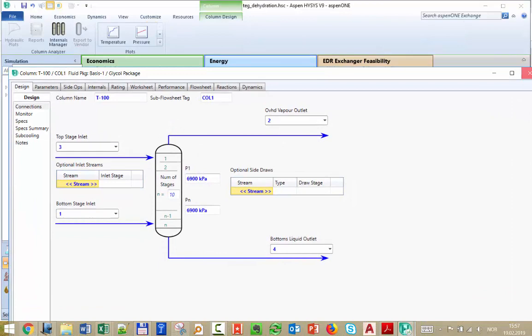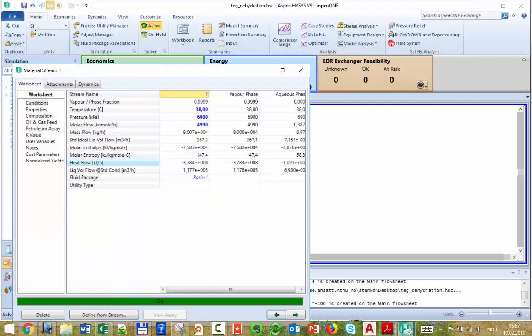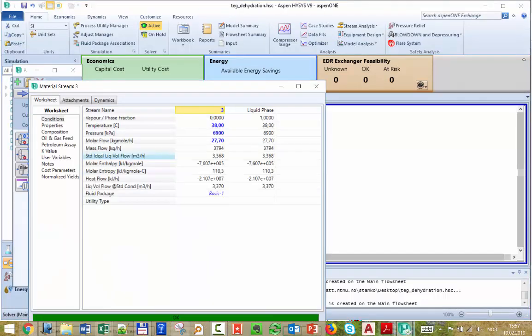Before doing anything else, I just want to make it nicer. Let's put 3, that's the TEG, and we can even change the name of that stream, so that will be wet gas. That will be lean TEG.